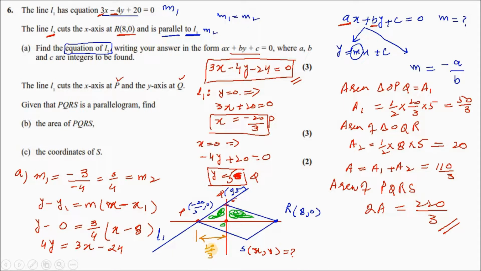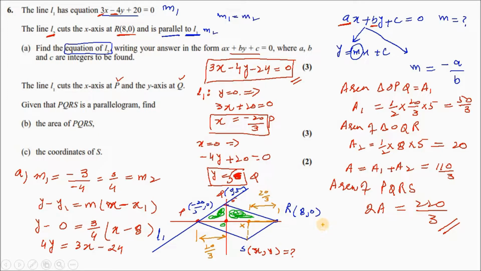Similarly, if you apply the same approach for the x coordinate of S, like here, if I ask you what should be that distance, that distance should be 20/3 from R. So let's suppose in the diagram, if you mark this point on the x-axis, maybe capital X. So the total length is 8, and this one is 20/3.